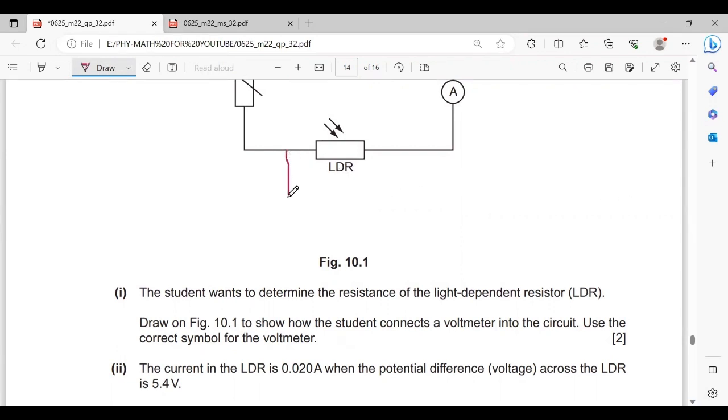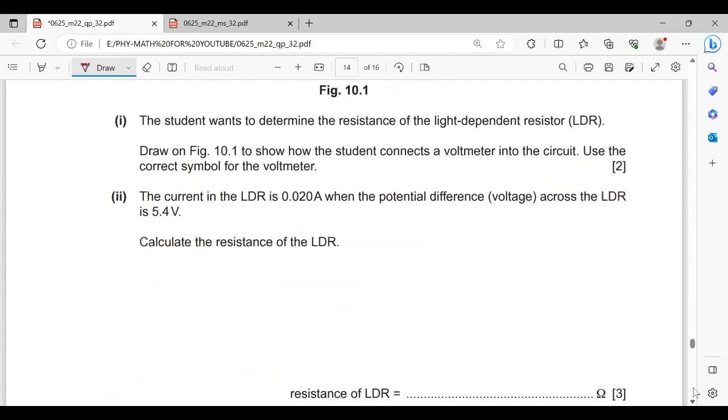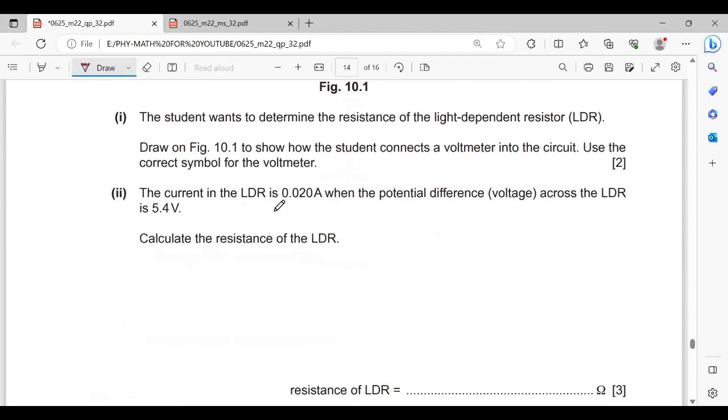Okay, so we should draw like this because the voltmeter is attached in parallel. Okay, next, the current in the LDR is 0.02 amps when the potential difference across the LDR is 5.4 volts. Calculate the resistance of the LDR.